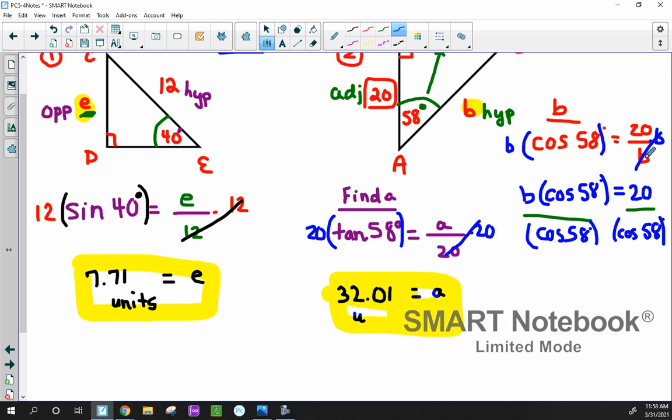Because the variable was underneath the division bar, you can't solve an equation with it in that format, so you're going to have to multiply both sides and then divide through by the trig expression.